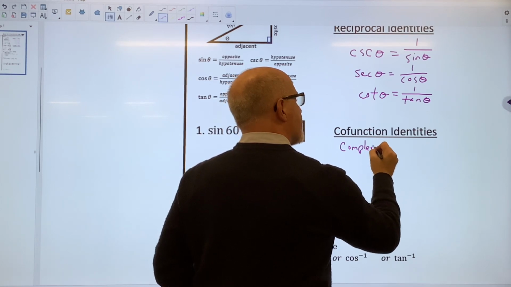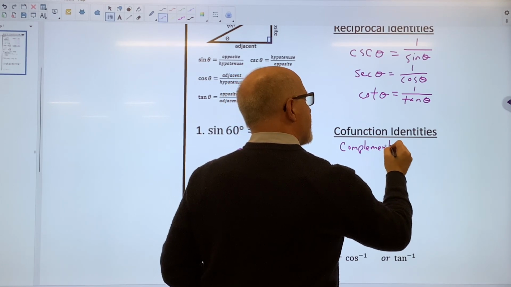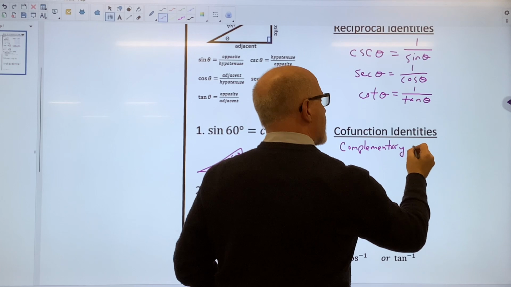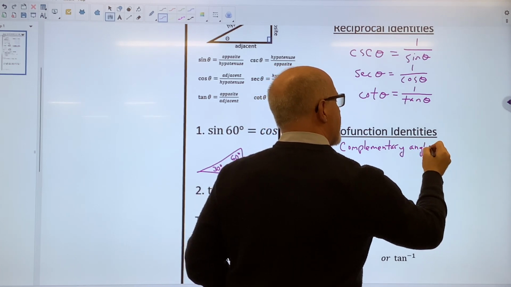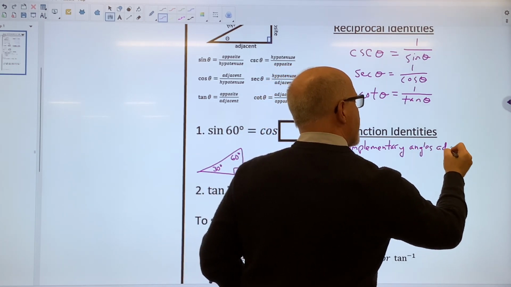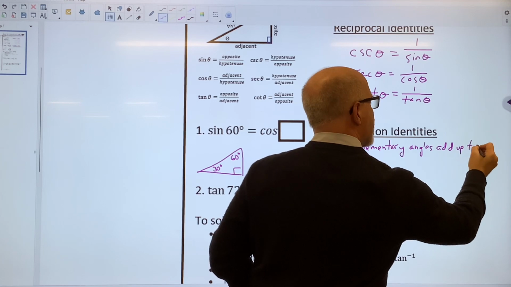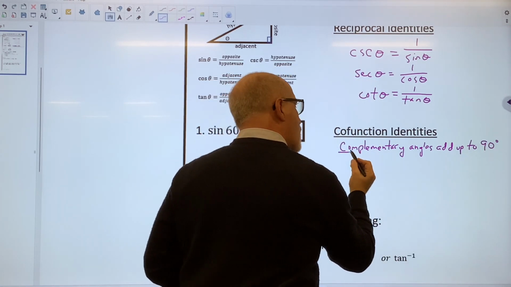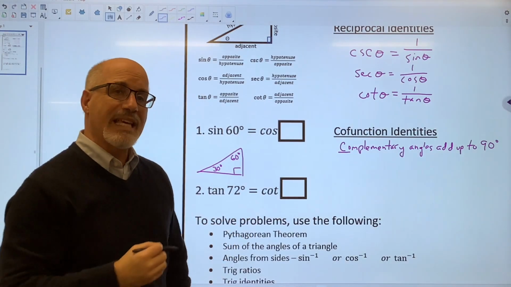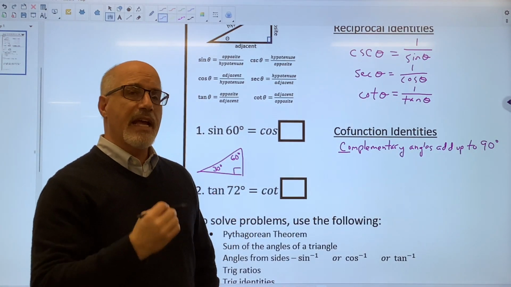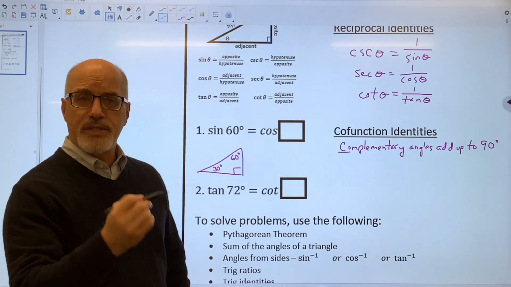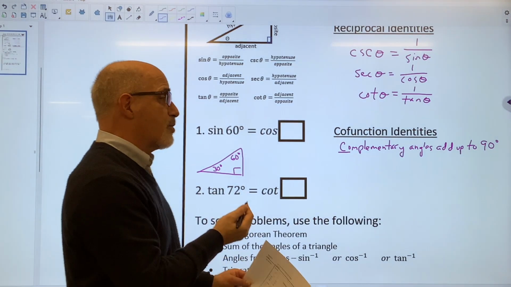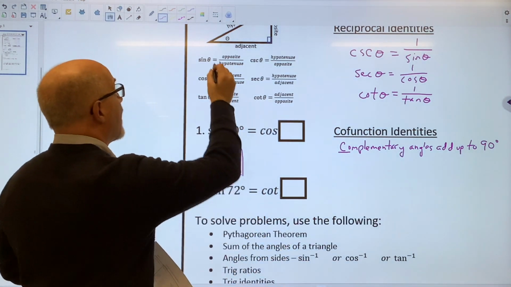Complementary angles add up to 90 degrees. Now, the co in complementary is where we get the cosine and cotangent and cosecant. It relates those together. Let's take a look at how that works.